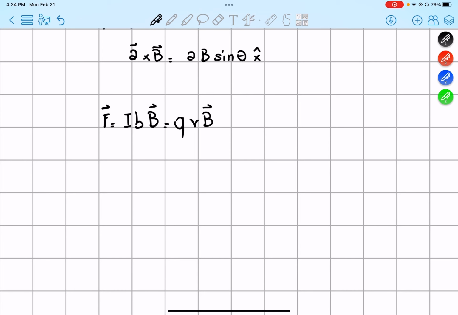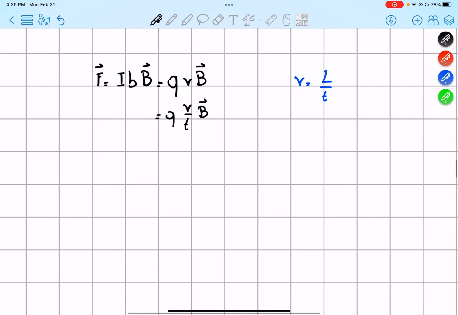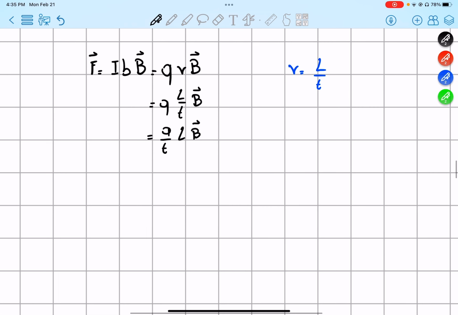And how do we get there? Well, we know that v is equal to length over time, so we can substitute it in there. We will get Q times L over T times B, and then we rewrite it as Q over T times L times B. Q over T is equal to the current.